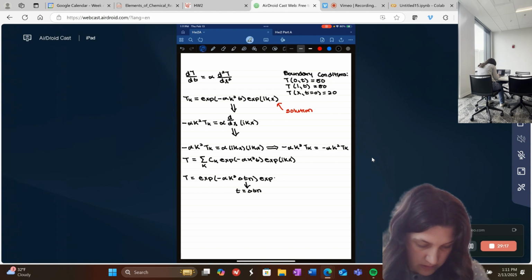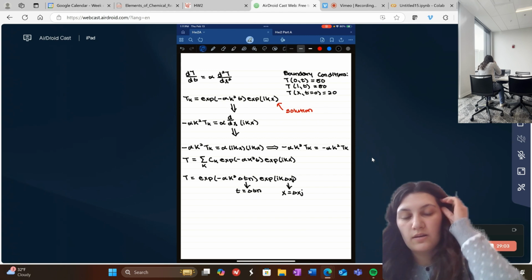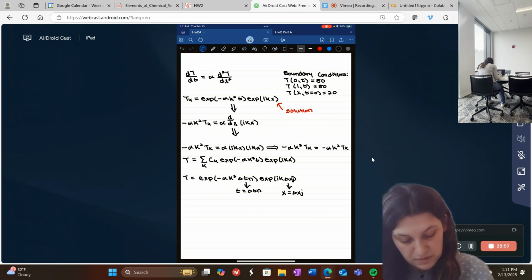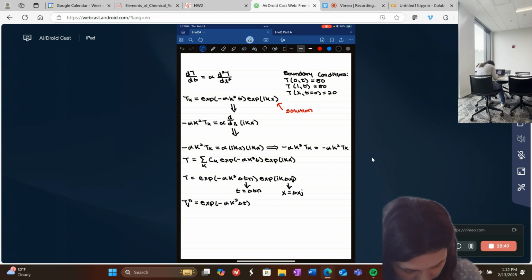exponent times i k delta x, and for the same reason, x is equal to delta x times j, the j in there, and we are going to pick this value to be T_j^n. T_j^n is equal to this.